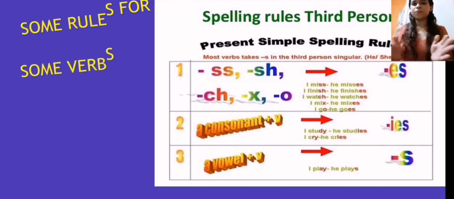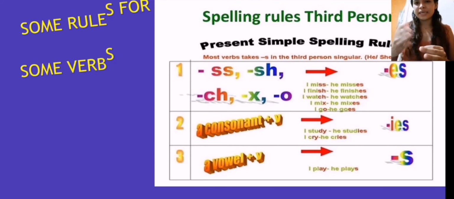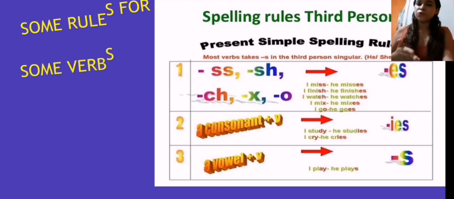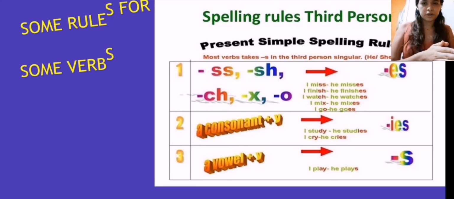We have the spelling rule for third persons. We add es when the word ends in double s and sh. Okay. For example, I miss, he misses for the third person. We have when the word ends in ch and o. We have examples. I wash, he washes. Okay?